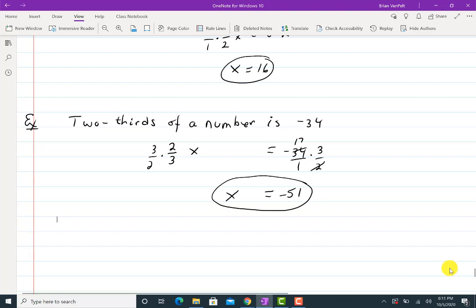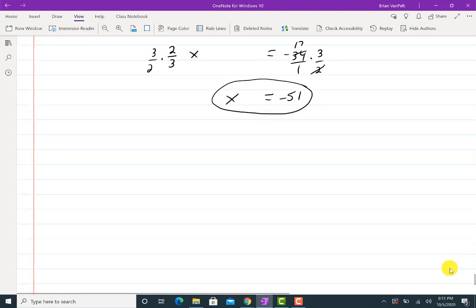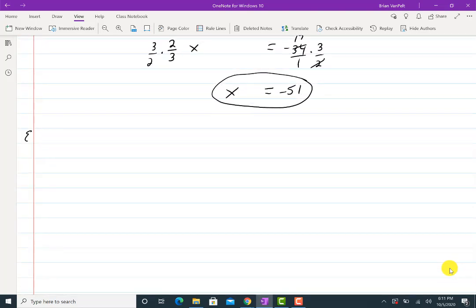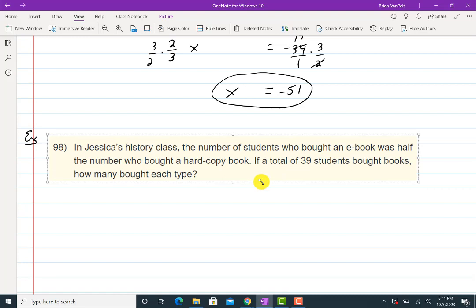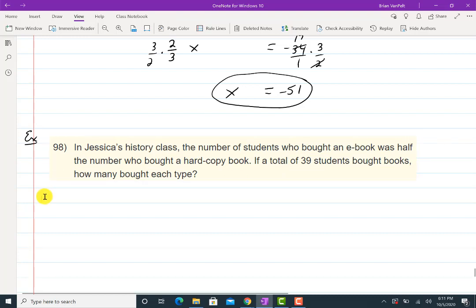For my last couple of examples, I wanted to take a couple of problems out of the textbook. These come from section 3.8 in your textbook. Problem number 98 is one of the ones that I want to do. Let's take a look at it. In Jessica's history class, the number of students who bought an e-book was half the number who bought a hard copy book. We've got 39 students.